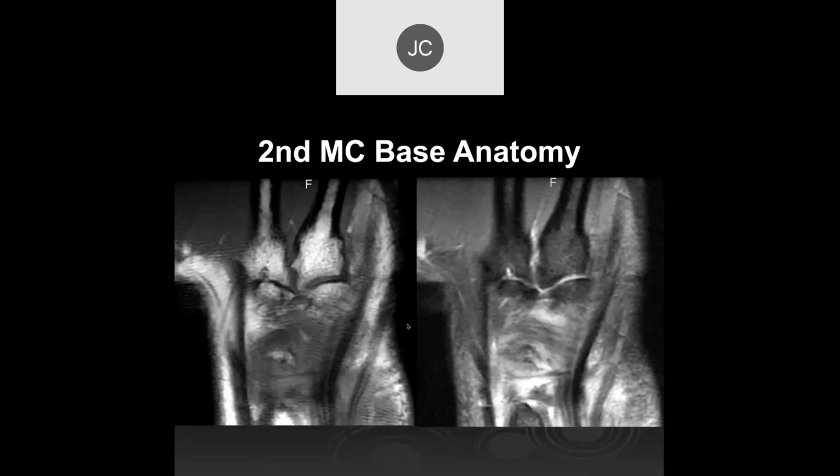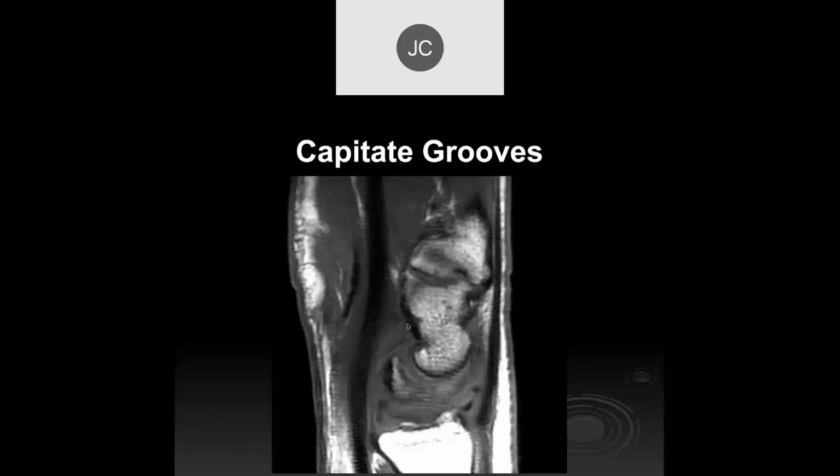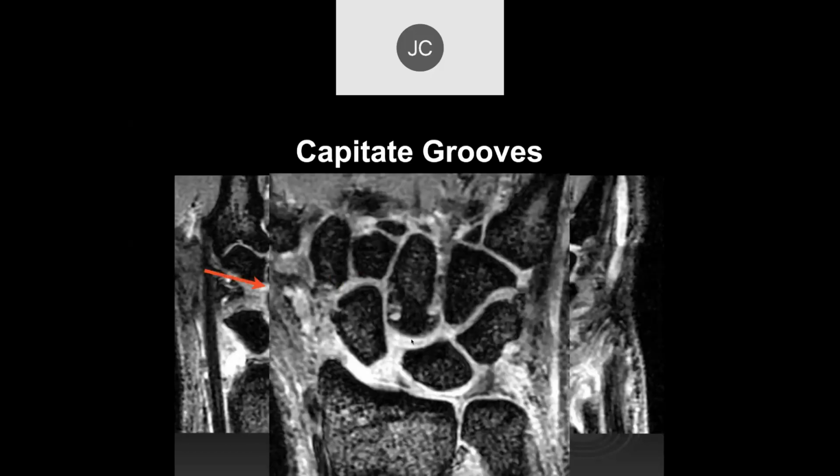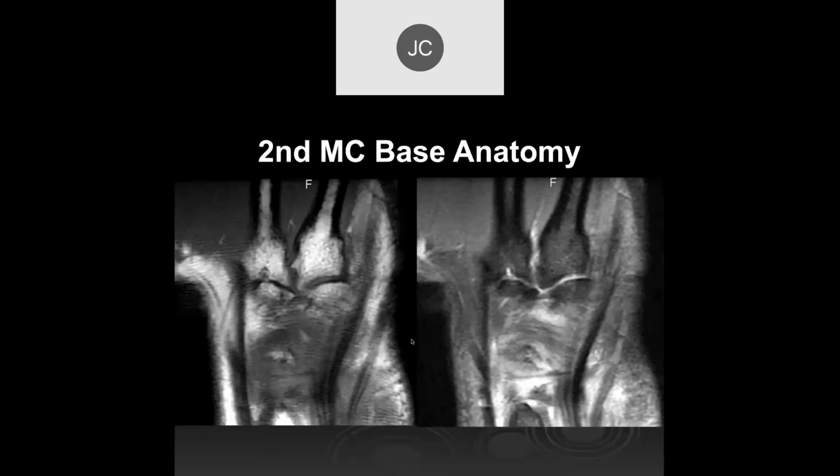But on the sagittal images, you can follow them and see that they're really normal anatomy and the underlying cortex is still intact. And then here's the typical little divot that you can see at the base of the second metacarpal bone, which is normal anatomy. I've not seen this on the others, but it's very common on the second and is not an erosion.